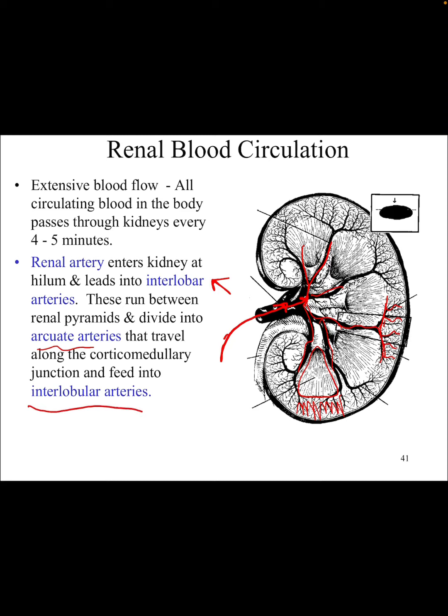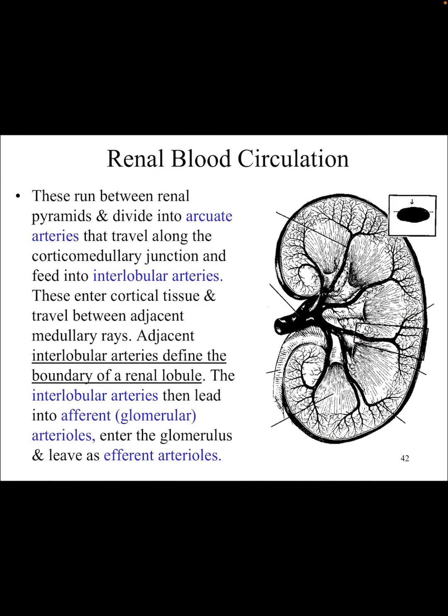So we have the renal artery, which, once it enters through the hilus, gives branches, the interlobar arteries. Then at the level of the junction between the cortex and medulla, the name changes to the arcuate artery, and from the arcuate artery we have the interlobular arterioles.